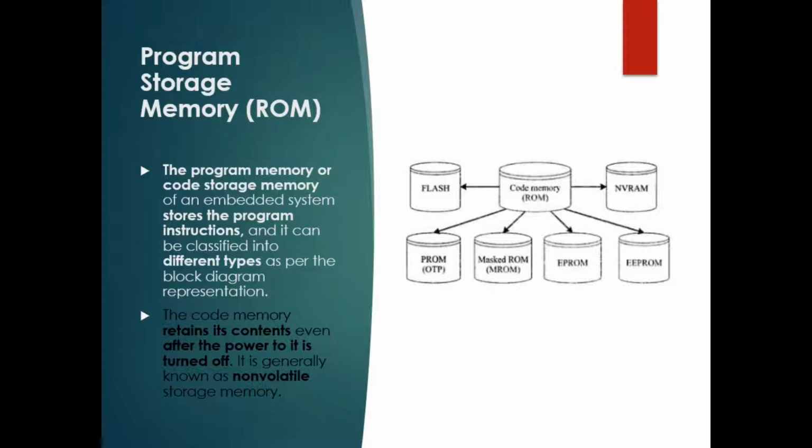Even if you switch off your laptop, all the information which is required is stored in the hard disk, right? So this indirectly tells you that read-write memory or random access memory is a volatile memory. That means it needs continuous power supply to store the information. If the power supply is off, the stored information is lost.